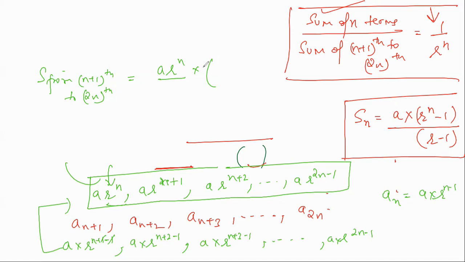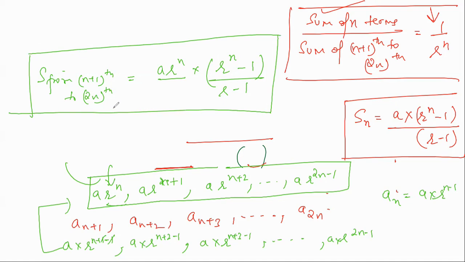Because we have collected all the terms from the same GP, r is the common ratio, raised to the power n, minus 1, over r minus 1. So this is the sum for the n plus 1th to the 2nth term.